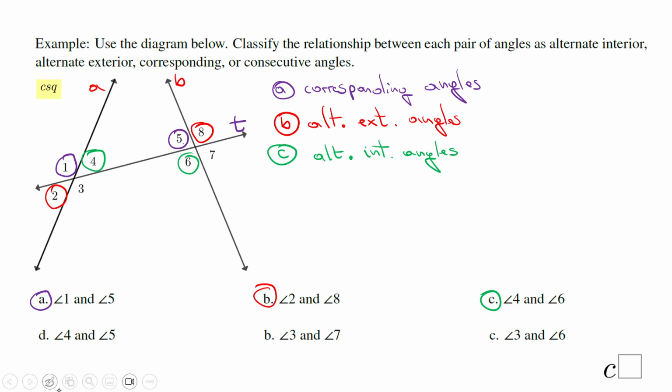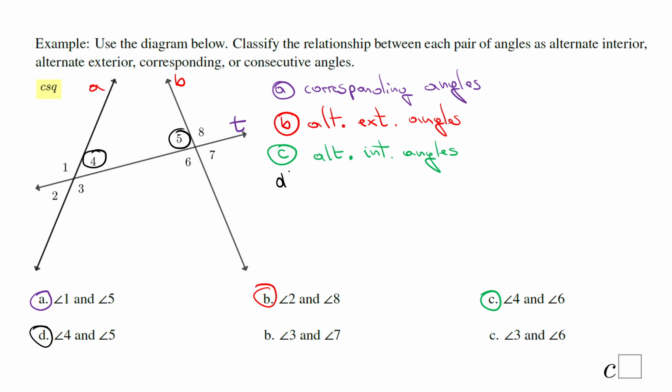Okay, let's go to the next part, which is part D. Let me erase all this marking. And now let's take a look at angle 4 and 5. What do you notice about these two angles? They are interior angles, right? And on the same side of the transversal.